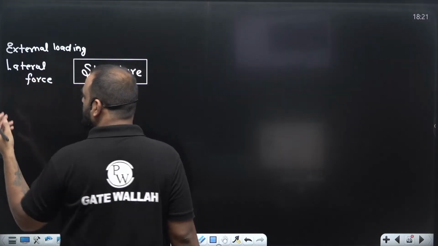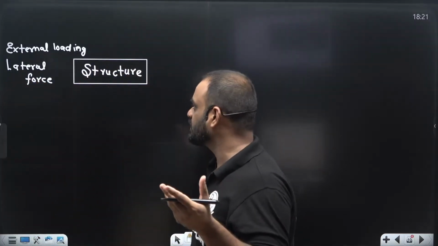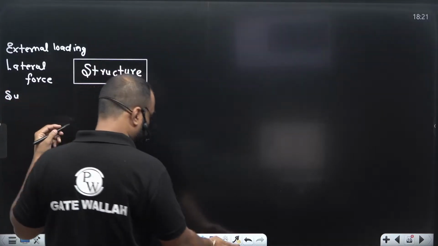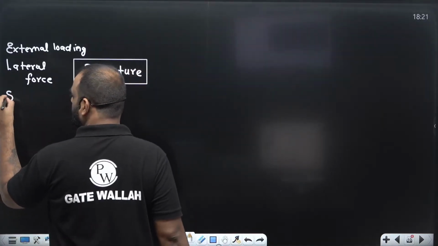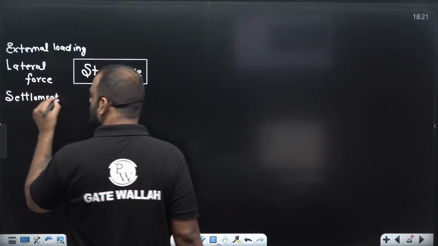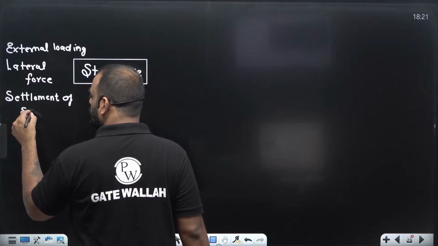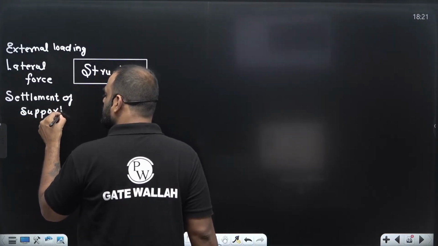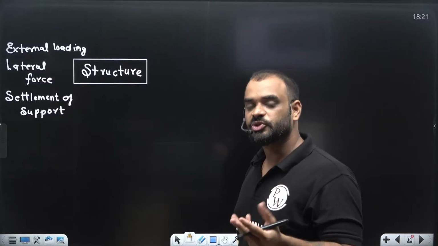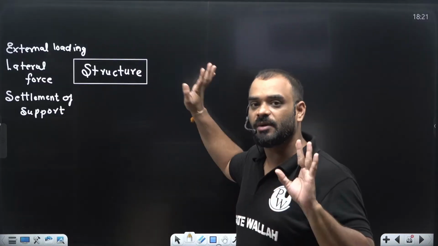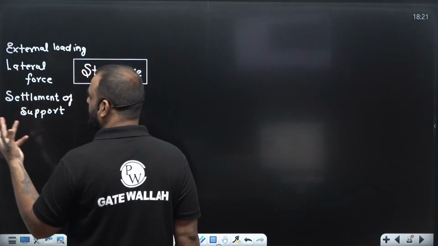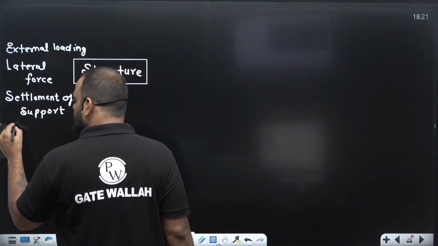Like it may be possible that the support of a structure may settle down, so settlement of support may occur. Or it may be possible that due to weather change the temperature is also changing, due to which again stresses may develop in a structure. So we will consider that part also, guys, as an external effect: change in temperature.